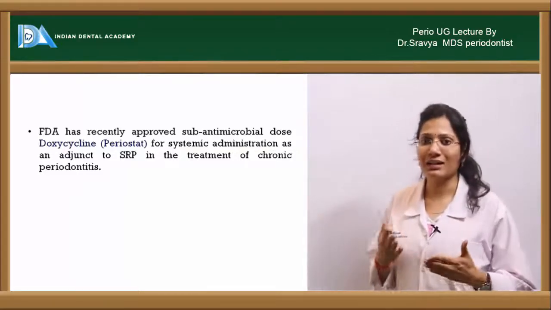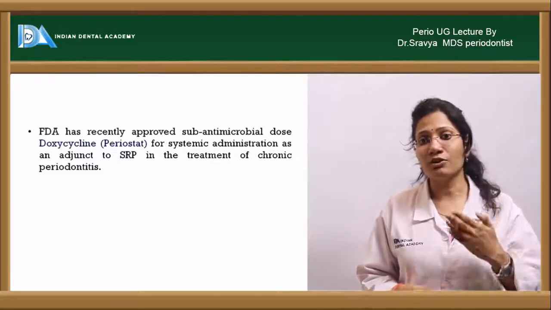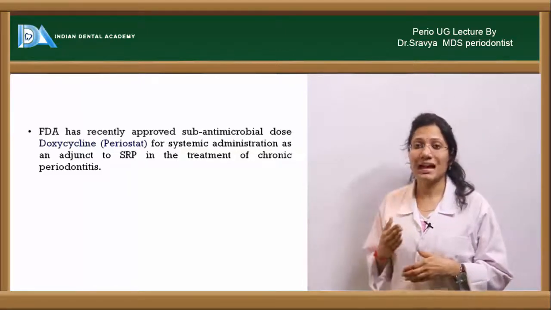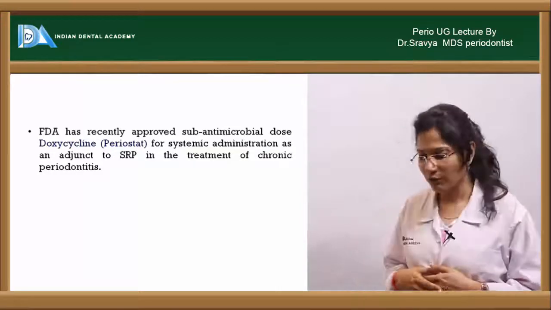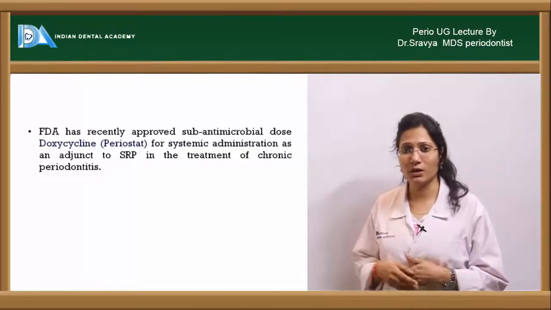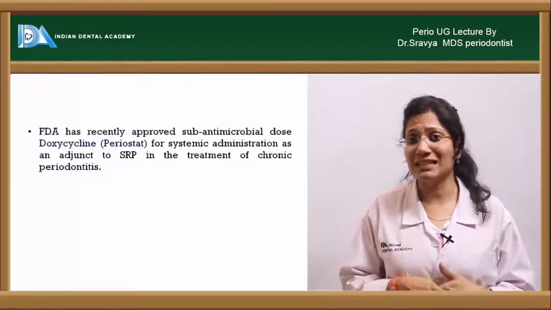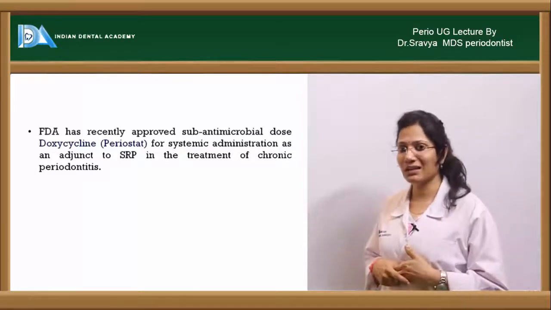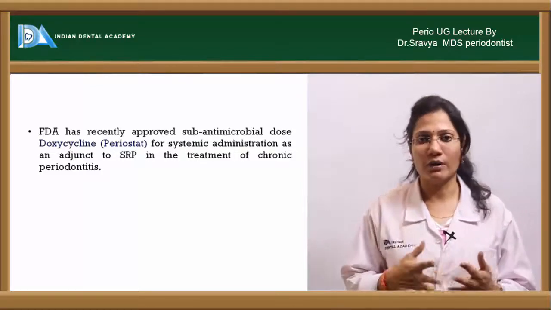But Periostat is a modification, and the terminology is that it is a sub-antimicrobial dose. That means instead of 100 milligrams, you're giving a dose of 20 milligrams to the patient for a continuous period of about 7 to 14 days, or 14 to 21 days. You can give the patient a sub-antimicrobial dose of doxycycline.